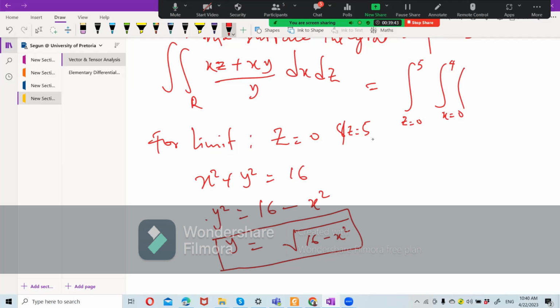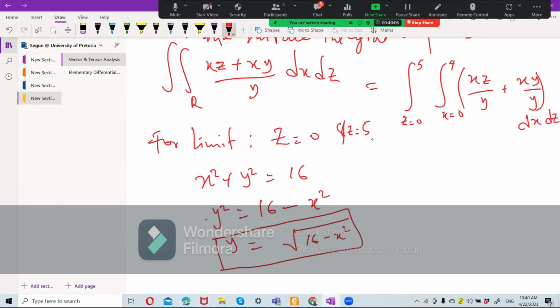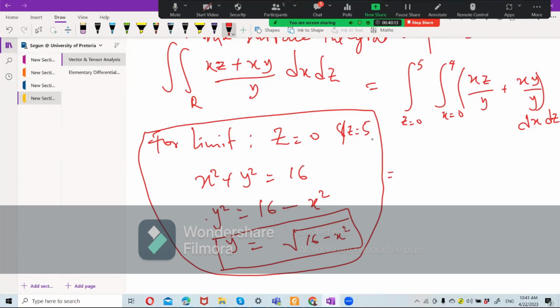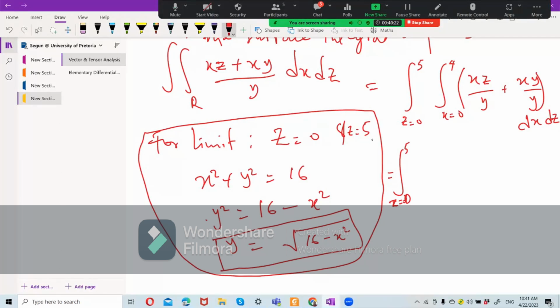Now we can substitute this one. Let's go to this one: xz over y plus xy over y. Everything is the x, the z. But don't forget, it's the same thing as the integral of z equals 0 to 5, integral of x equals 0 to 4, which means this goes with this.